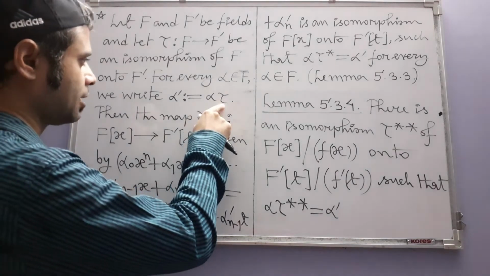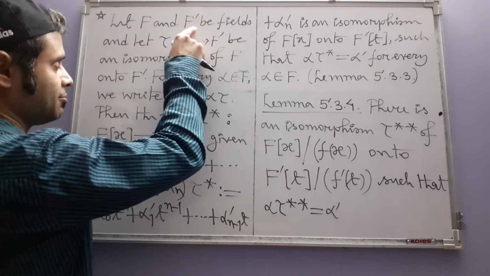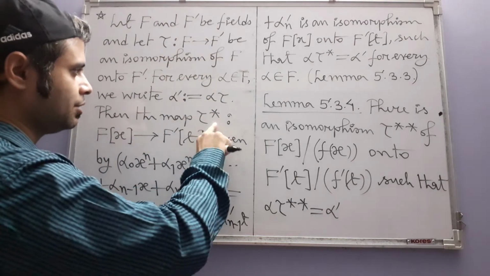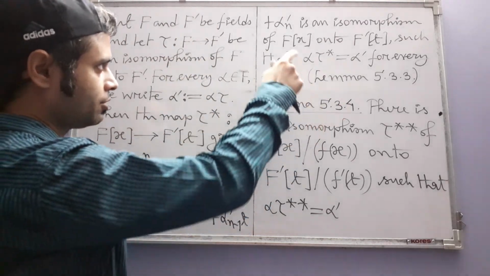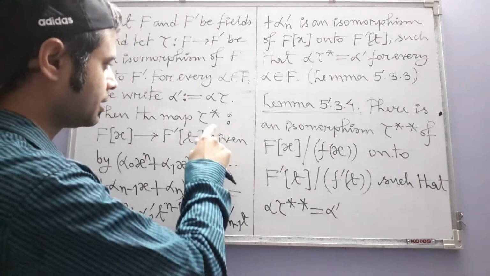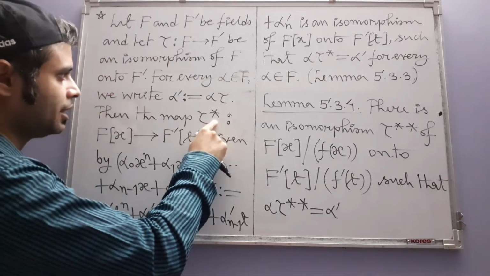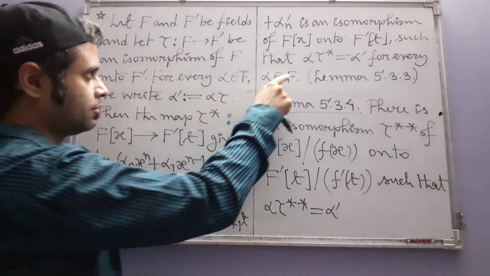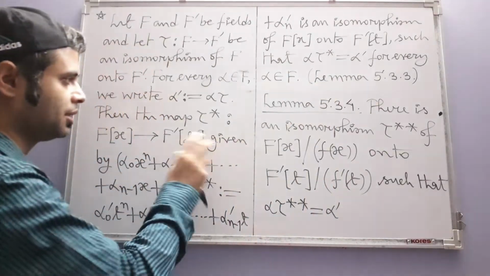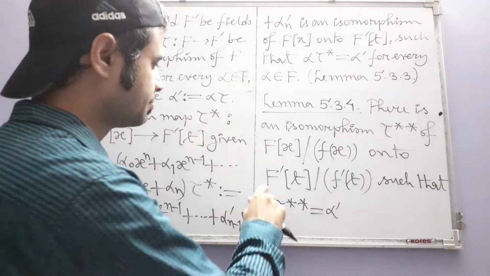First we had tau, which is an isomorphism between the fields f and f prime. Then we moved to the polynomial rings over those fields, and there we again got an isomorphism tau star, which behaves like tau here. I mean, its behavior on the field elements is identical.